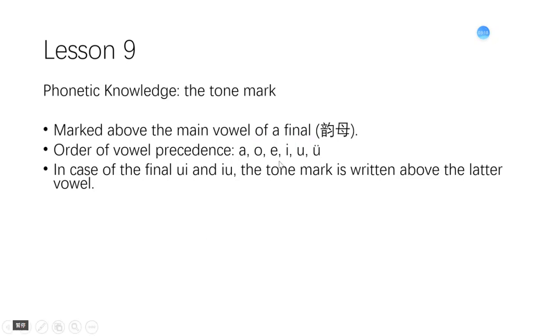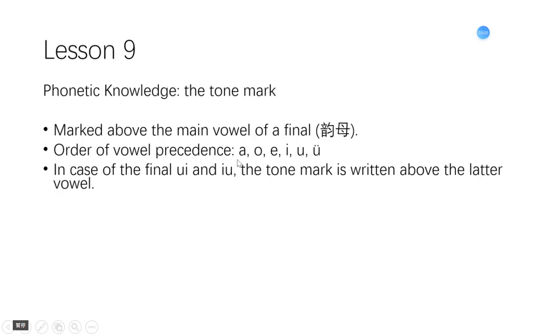Then from a to ü, the sound is getting smaller, and when you pronounce these vowels, your mouth opens less and less wide. So a, o, e, i, u, ü. Okay, so this is the order of vowel precedence when you mark the tone.